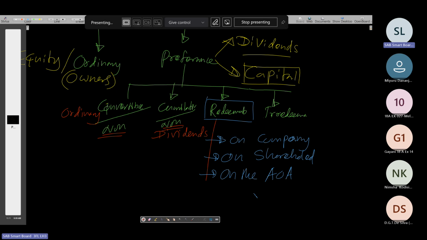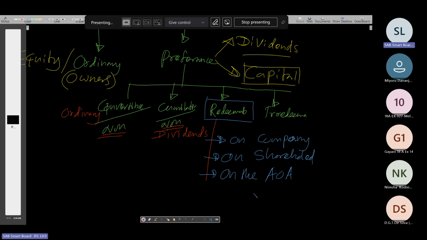So we can identify three options: on the option of the company, on the option of the shareholders, and on the day specified in the articles of association.